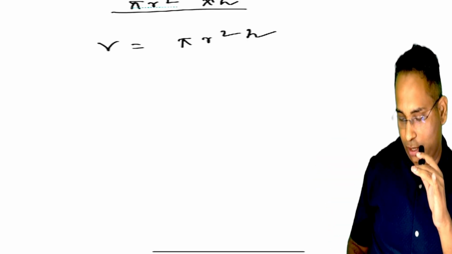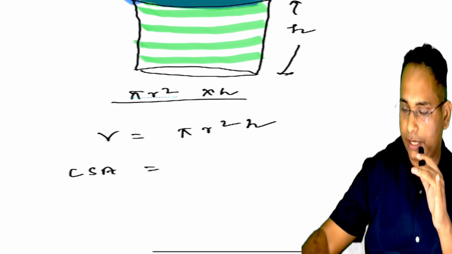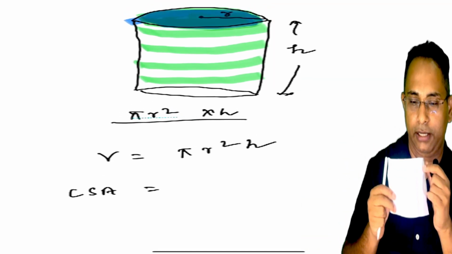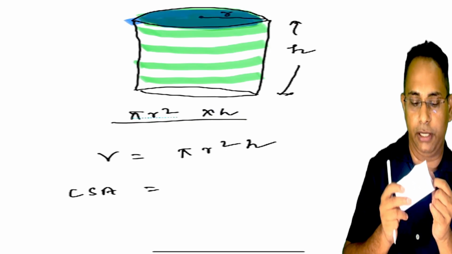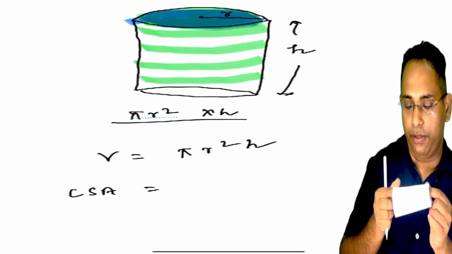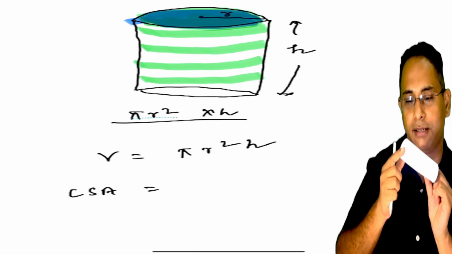Simple. Now we will discuss curved surface area. Again, we will refer to this. This was the circumference. Just imagine that earlier, when it was in a cylindrical shape, there were two circles, the whole one circle and another circle.